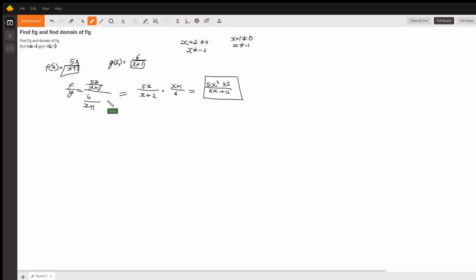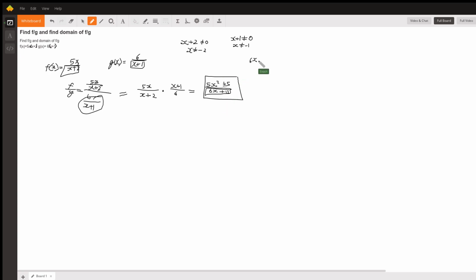And finally, this cannot equal 0. Now in this case, no acceptable value for x will give us 0, except if the bottom was 0, we'd get undefined. So that's already covered. And then finally, in our very final answer, that cannot be 0.